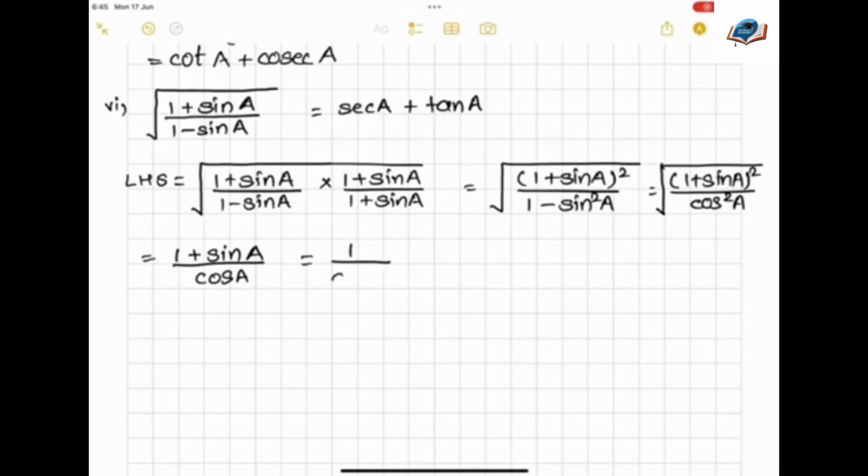So 1 upon cos A plus sin A upon cos A. So 1 upon cos A will be sec A and sin A upon cos A will be tan A. So I got RHS.